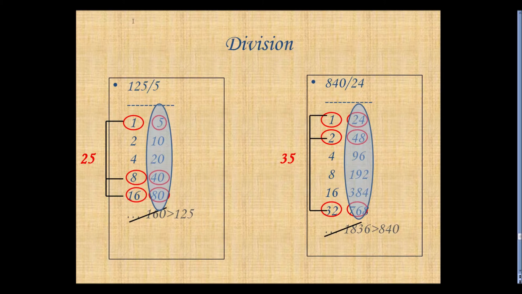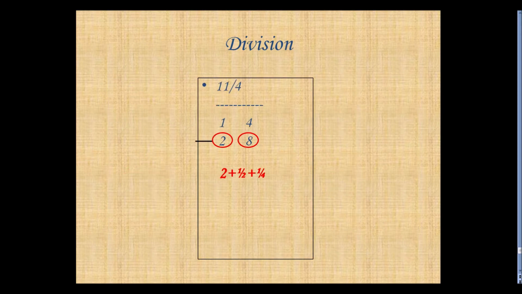So far we have talked about exact divisions, or divisions where there is no remainder. The remainder is 0. So what if the remainder is not 0? Okay, if we have a division with a remainder, we will look at a very simple example.